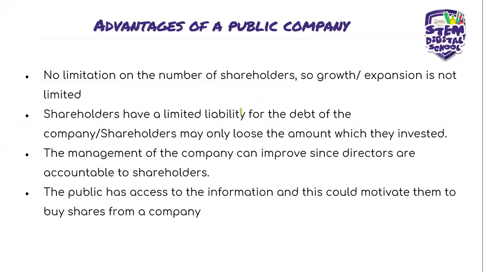Remember, in a personal liability company, shareholders had unlimited liability, but here it's limited, meaning that shareholders may only lose the amount which they've invested, not what the company is currently owing.